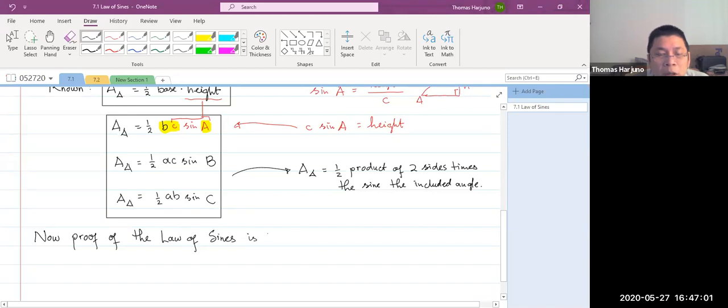It is a consequence of the areas of the triangle we had earlier.